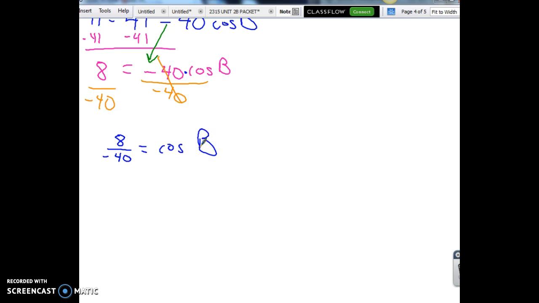What are we trying to find? We're trying to find an angle. Therefore, we have to arc cosine this number, 8 over negative 40. And you do not have to reduce it. You can if you want. So let me grab my calculator and punch it right in.